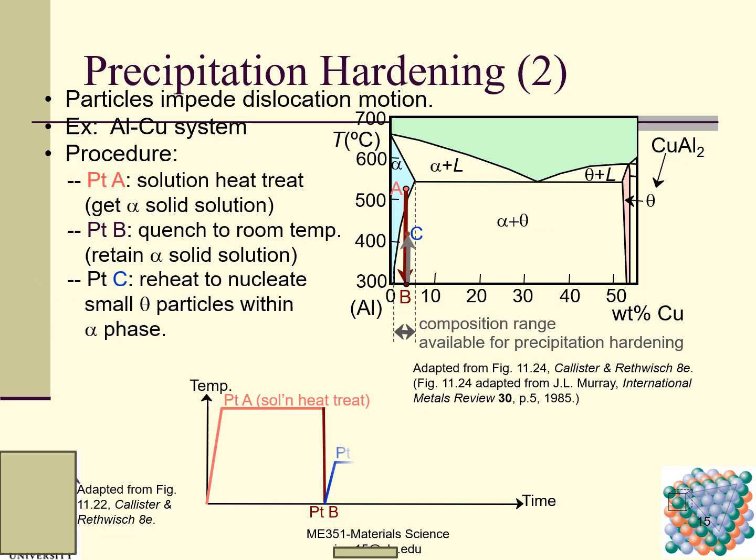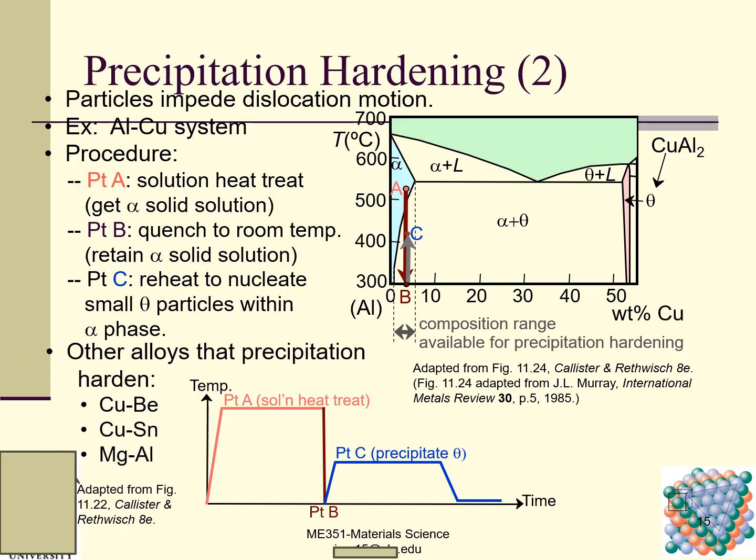Part C, reheat to nucleate small theta particles within the alpha phase. This is the temperature: part A is solution heat treatment, this is part C, precipitate, and this is part B here. This is the time.